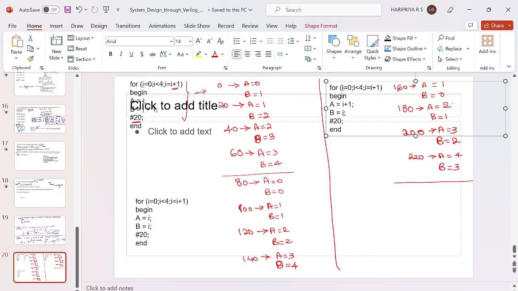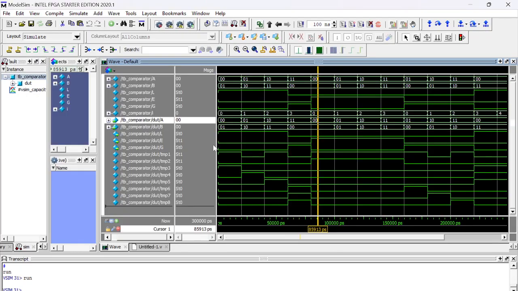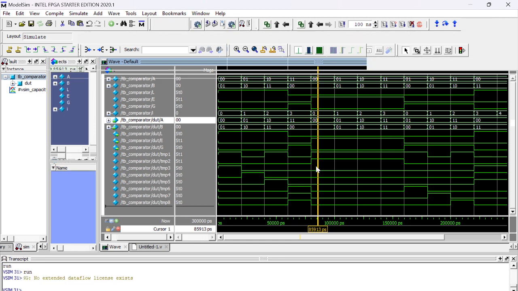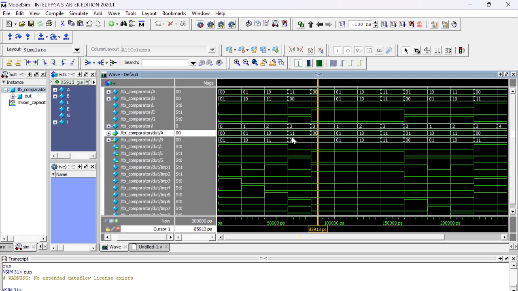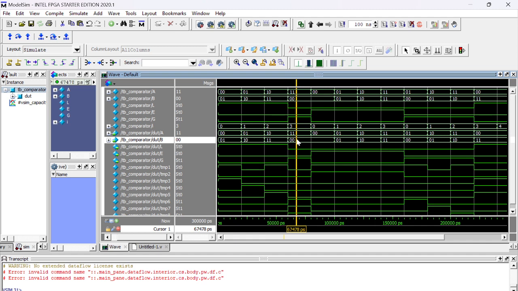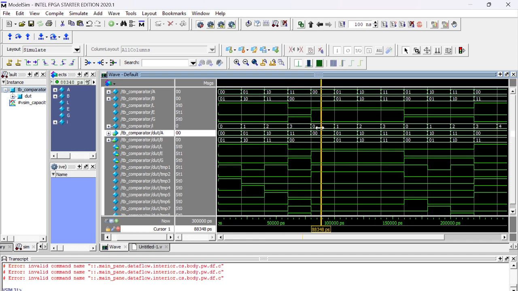So in the simulation also, you can see the same thing. It is 0, 1, 1, 2, here 2, 3. Again, at this point, it is getting 0, 0. And here you can see 3 plus 1, it is 4, but only 2 bits are there, so it is 0, 0 again here. At this point again, another loop is starting.